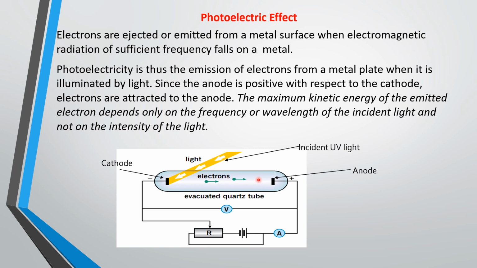Okay, so the maximum kinetic energy of the emitted electron depends. Please take note of this. This is a JAMB question. I've seen it before. That's a JAMB objective question. The maximum kinetic energy of the emitted electron depends only on the frequency or wavelength of the incident light and not on the intensity of the light.